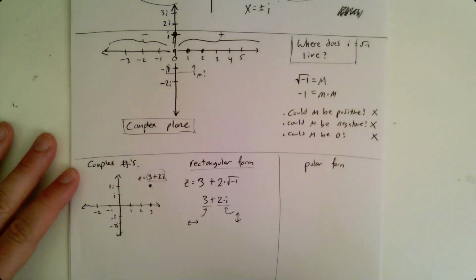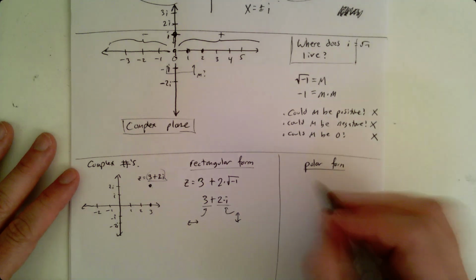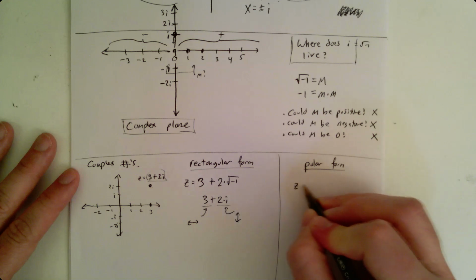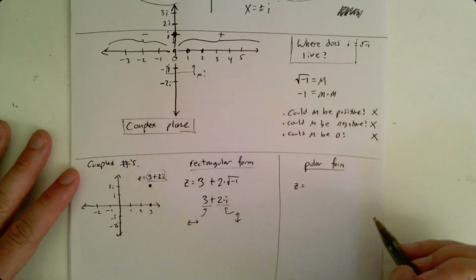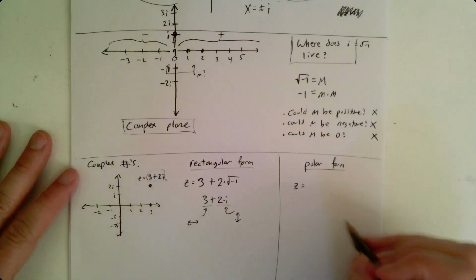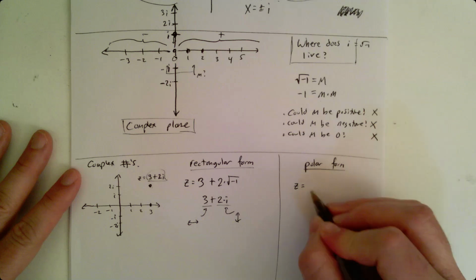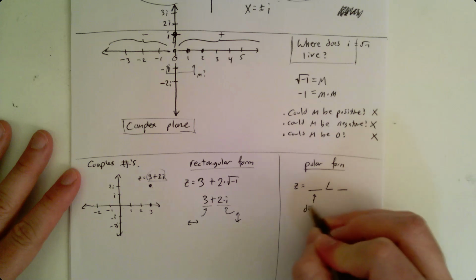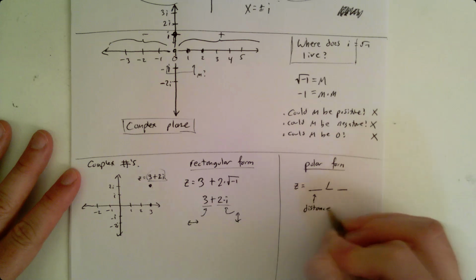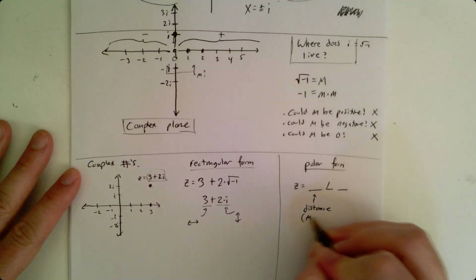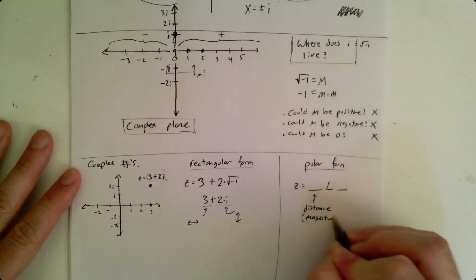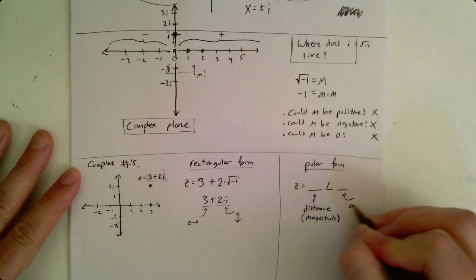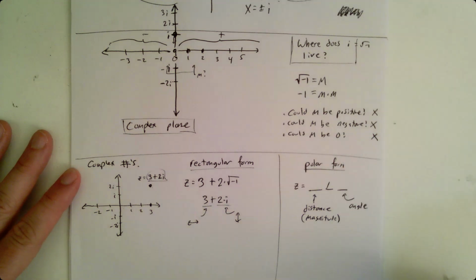There's a different form for writing them down, similar to when we had vectors, which is the polar form. I'm going to give you maybe a non-standard way of writing the polar form, and I'll tell you why in a minute. So for our polar form, we're going to write the distance from the origin, so that's like the magnitude, and then we're going to write the angle.